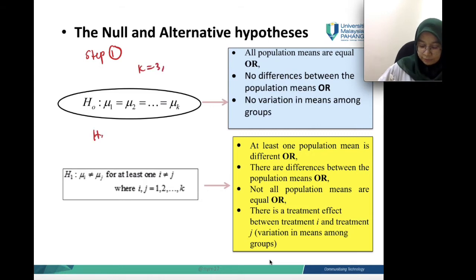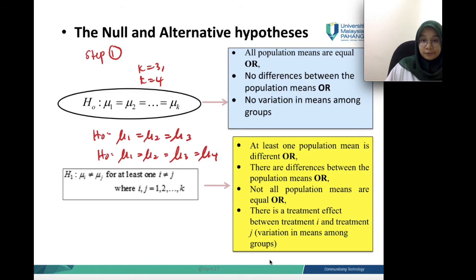So you will have H null: mu1 equals mu2 equals mu3. If you have treatments up to 4, you will have H null: mu1 equals mu2 equals mu3 equals mu4. Or you can write in words, all population means are equal, acceptable. Or no difference between population means, also acceptable.